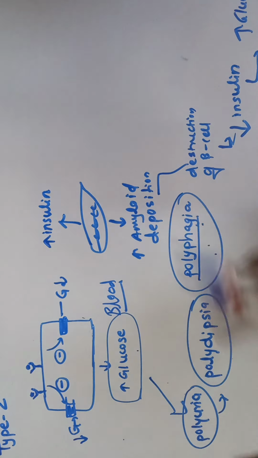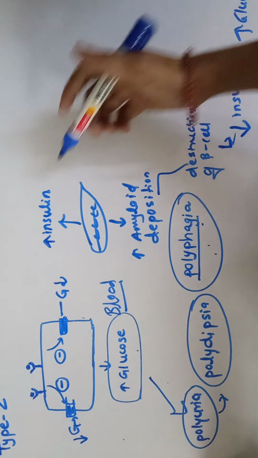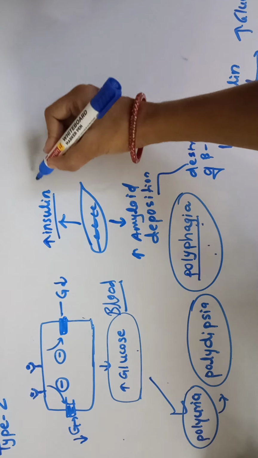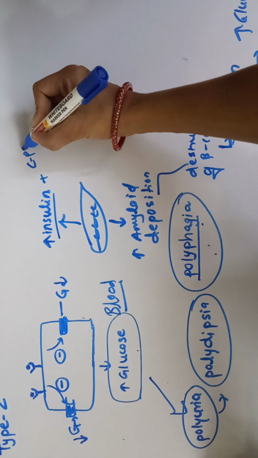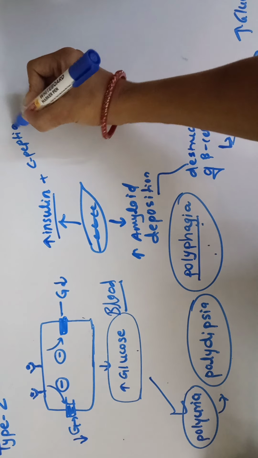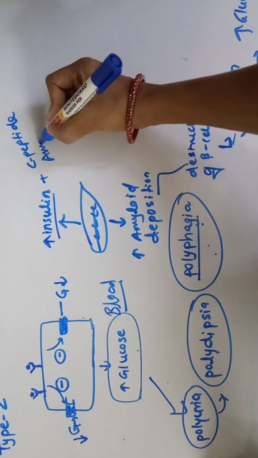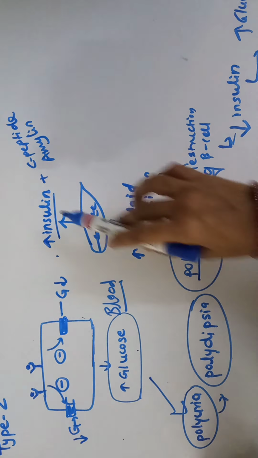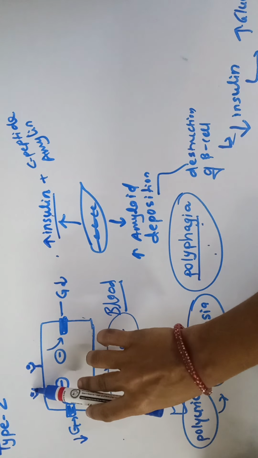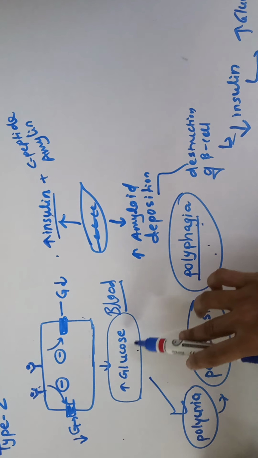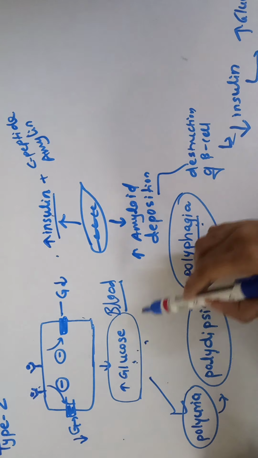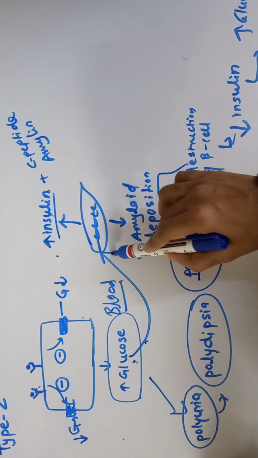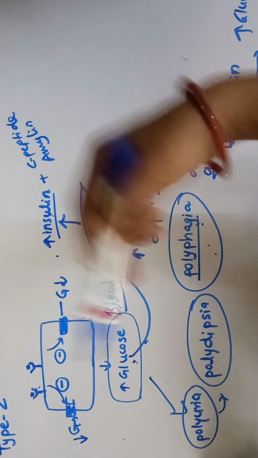Now this is one case. What happens in the second case? In this case, as insulin is more, with the insulin there is C peptide, and amylin is also produced in the body. If there is more insulin but the body is resistant, obviously there is more glucose, and this high glucose stimulates your pancreas to produce more insulin.